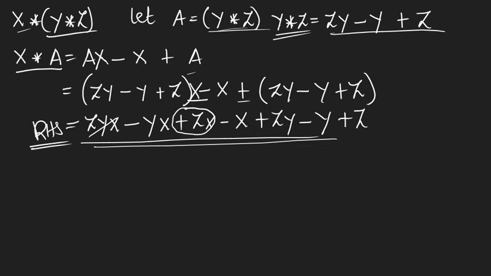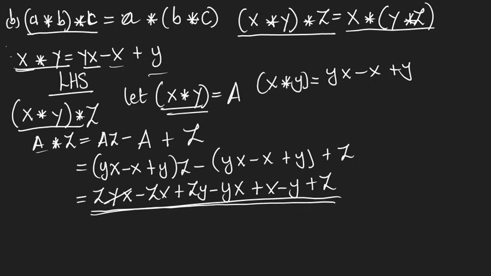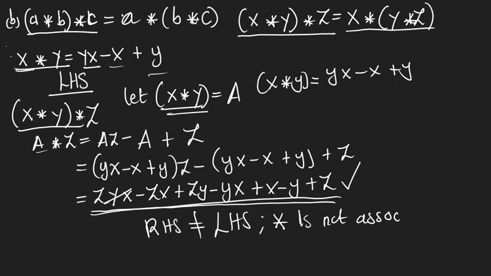Already, when you see the difference, it implies that if you let your x equal to 1, your y equal to 1, your z equal to 1, and you put your figures into this equation and this equation, you discover that your right hand side is not going to be equal to your left hand side. Henceforth, star is not associative. That's how you solve these equations.